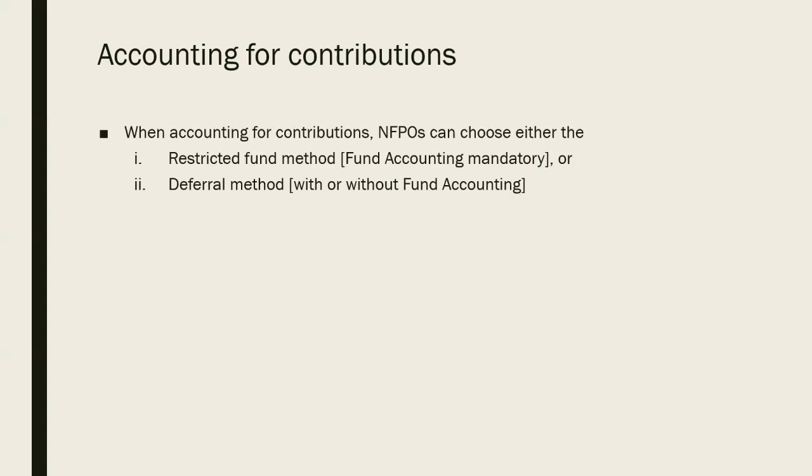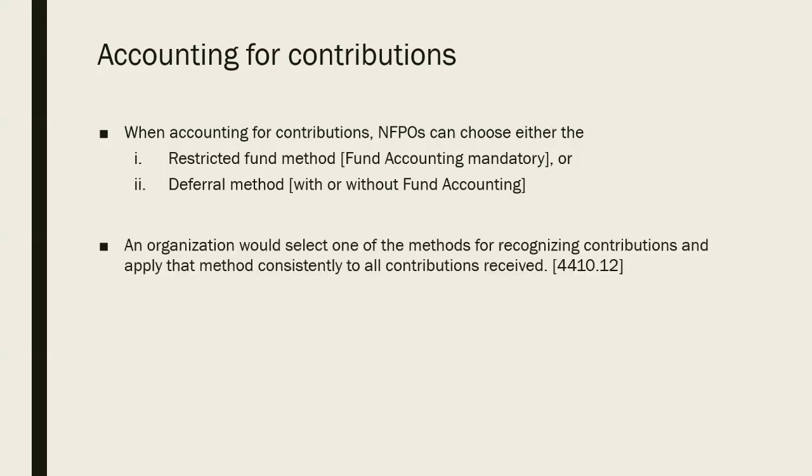The society could use fund accounting or choose not to. And it's required under Section 4410 that the not-for-profit organization will select one of the methods above, either the restricted fund method or the deferral method, for recognizing contributions, and apply that method consistently to all contributions.